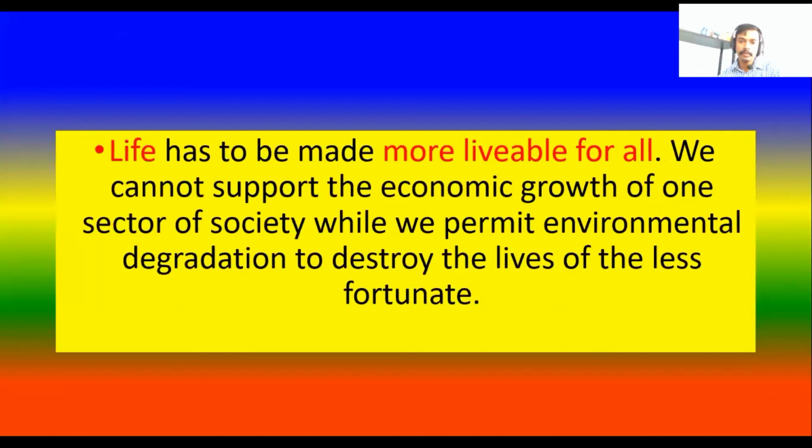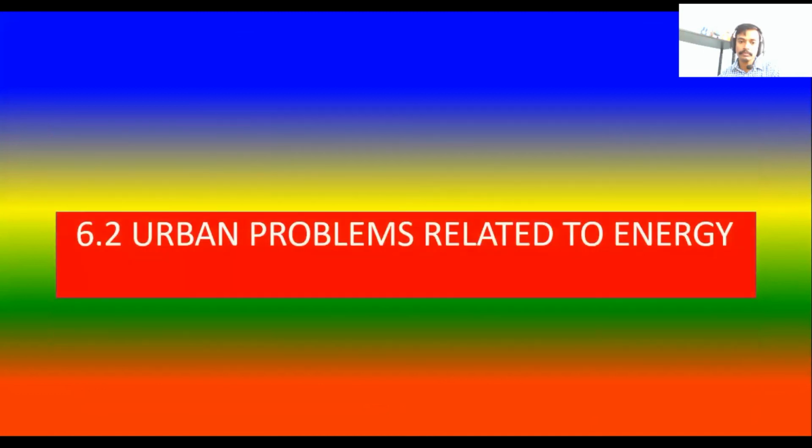Life has to be made more livable for all, which means away from hazards. So this means going from unsustainable to sustainable. There is an excellent illustration in agriculture. In the past chemicals were used, nowadays bio methods are used. Here we can clearly understand what is meant by sustainable development: from unsustainable to sustainable.